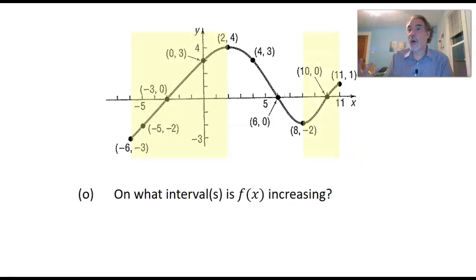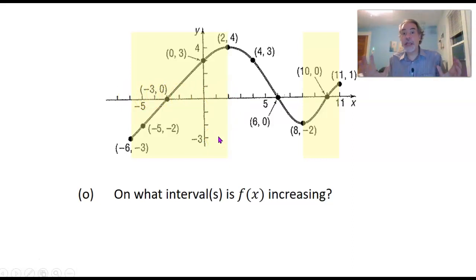Like when we were talking about when was the population of Connecticut increasing, during what stretch of time, what years. So when is this function increasing? Well, it's increasing on this interval here and also on this interval here. So this interval here would be where x's are between -6 and 2.